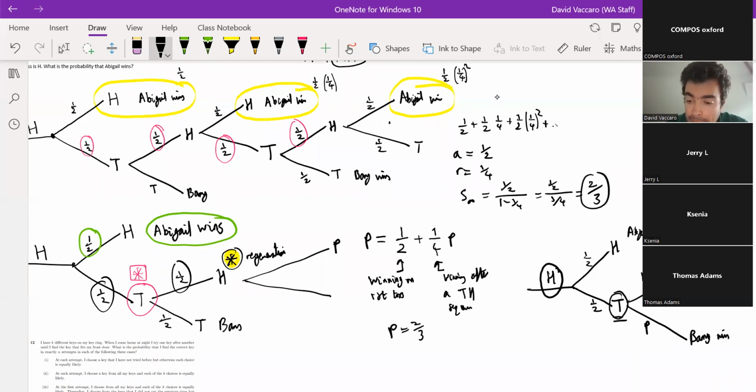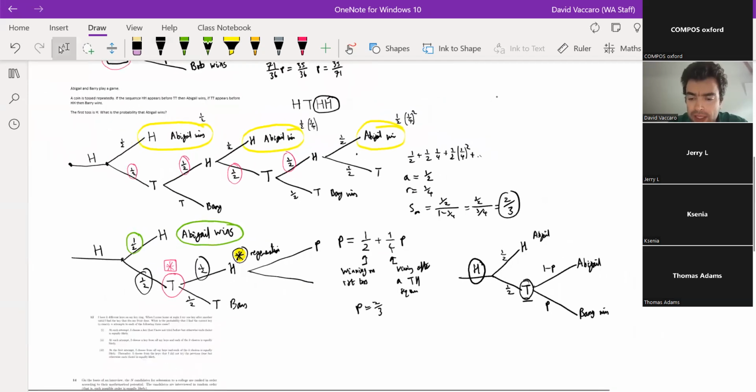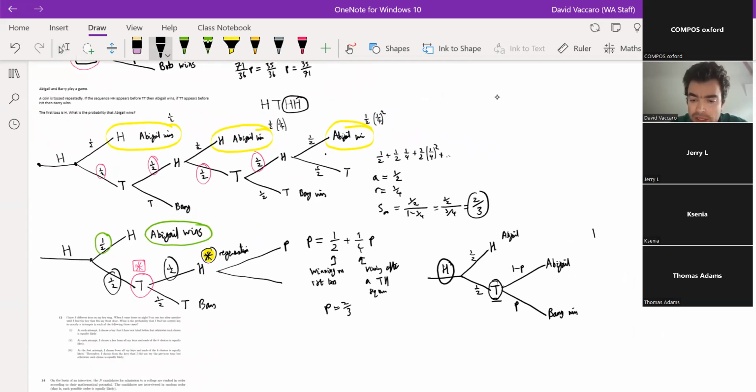The probability that Abigail wins overall is 1 minus P. Okay, so we get a slightly earlier regeneration, and we can say that P is equal to a half, which is the probability of winning on the first toss, plus a half of not winning on the first toss, but then winning as if she was Barry.